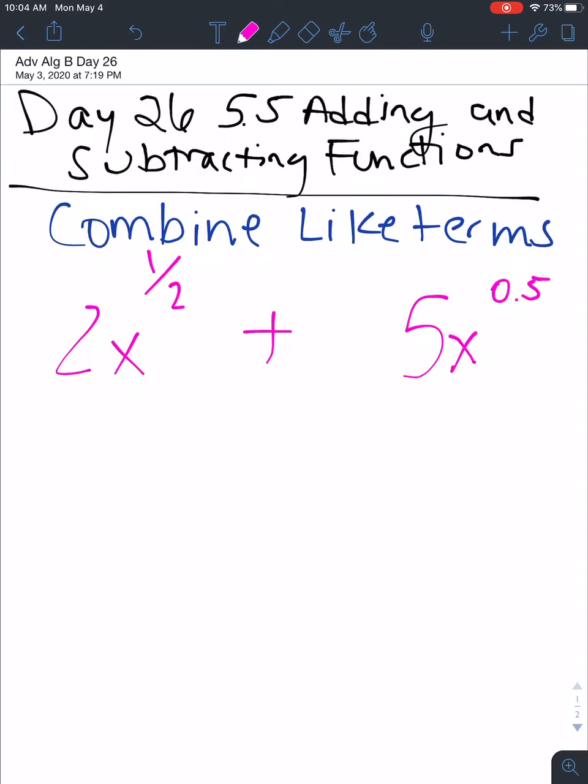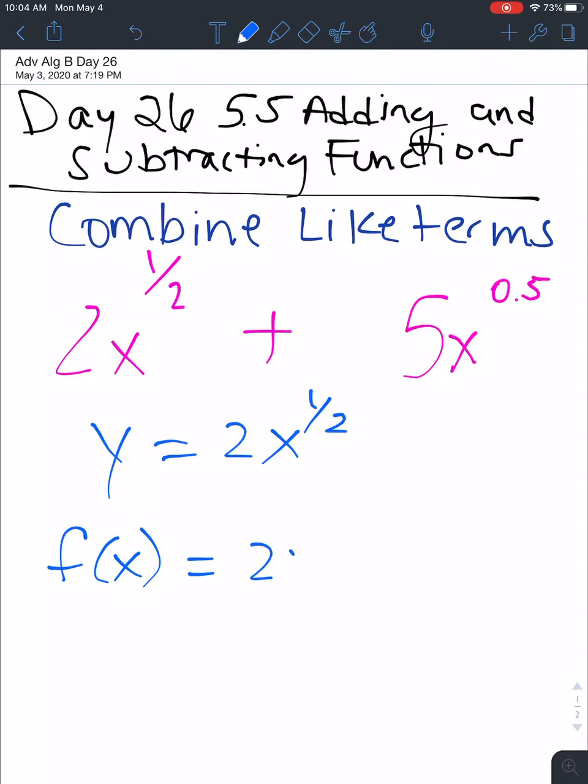I will also say that when I'm going through and doing these in our notes, instead of writing y equals 2x to the 1/2, I'm going to be using function notation. So you'll see me using f of x equals 2x to the 1/2, or g of x, or h of x. That's just to differentiate that they're two different functions. You don't have to do anything with the f, the g, or the h.